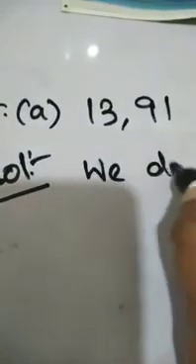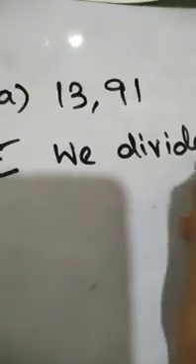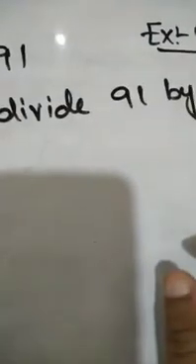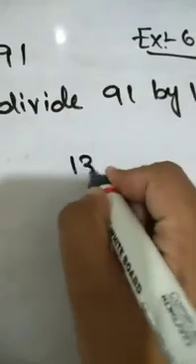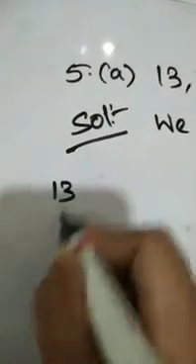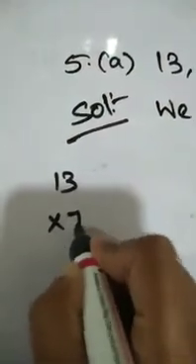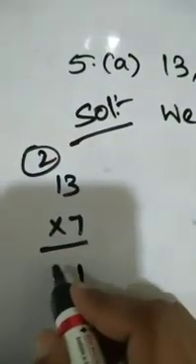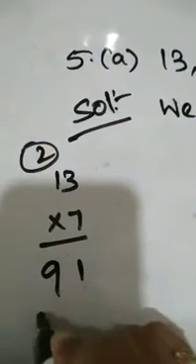We divide 91 by 13. So 13 into 7: 7 3s are 21, 1 here, 2 carry. 7 1s are 7 plus 2 is 9.